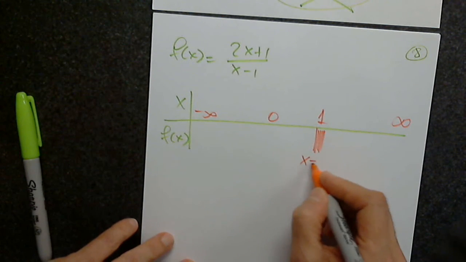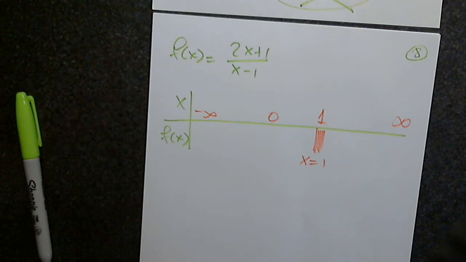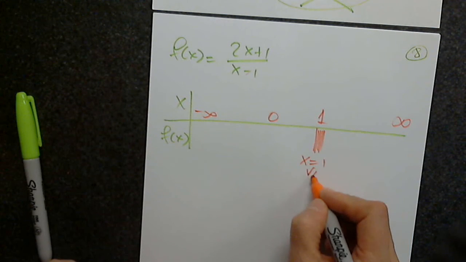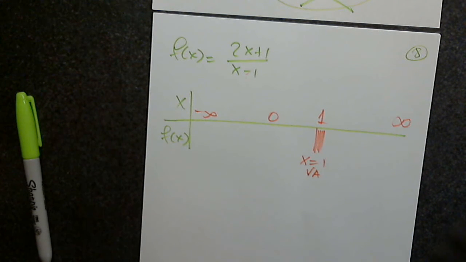Which means x equals 1, if we simplify, it still stays in the function. So it must be a vertical asymptote. What type is it? 1, 2, or 3?